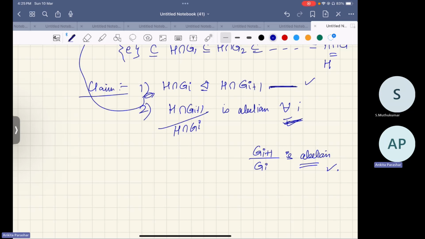Here you have to use group theory. My hint is that there is a second isomorphism theorem for groups. The first isomorphism theorem says that G by kernel is isomorphic to the image of phi, given phi a homomorphism between groups. There are also the second and third isomorphism theorems. I'm saying the second one will give you something.